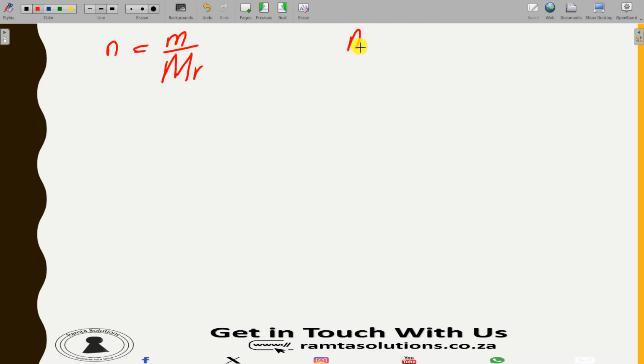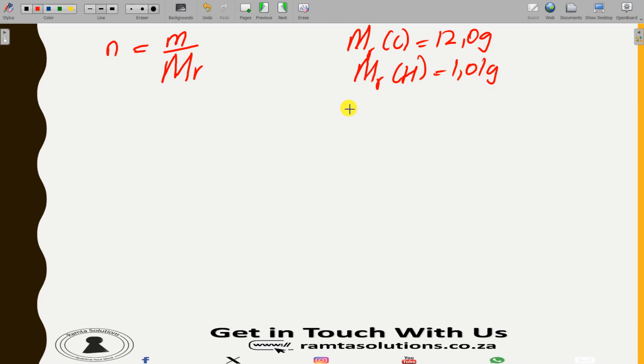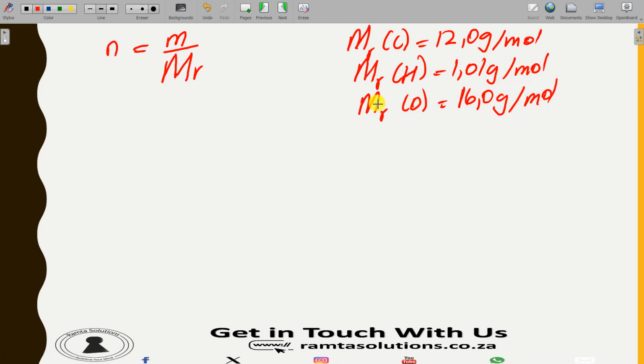Let's remind ourselves: the molar mass of carbon is 12.0 grams per mole, the molar mass of hydrogen is 1.01 grams per mole, and the molar mass of oxygen is 16.0 grams per mole. Remember, we're looking at the molar mass.